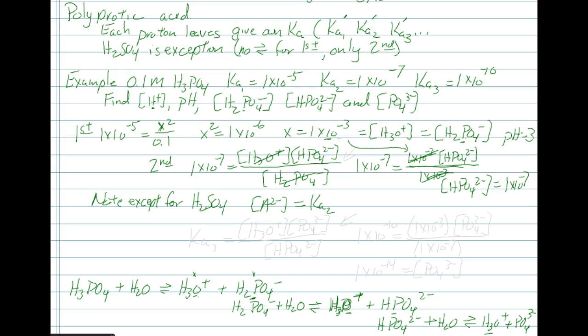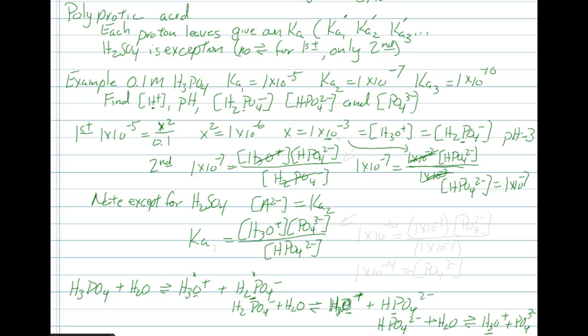So now we've got to plug it into the Ka expression. Ka equals H3O plus times PO4, phosphate, over hydrogen phosphate.